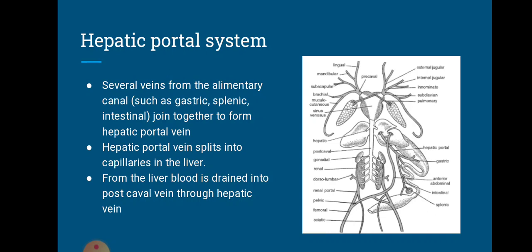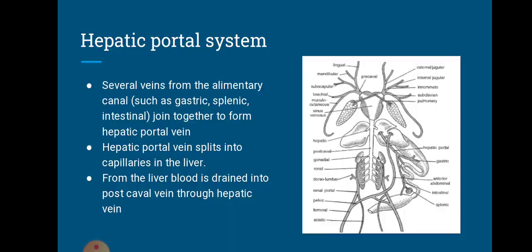This hepatic portal vein enters the liver and splits into capillaries inside the liver. So blood from the alimentary canal is drained into the liver through this hepatic portal system. The nutrients from the alimentary canal reach the liver through this hepatic portal system. And from the liver, the blood is drained into the postcaval vein through the hepatic vein that we already discussed earlier.